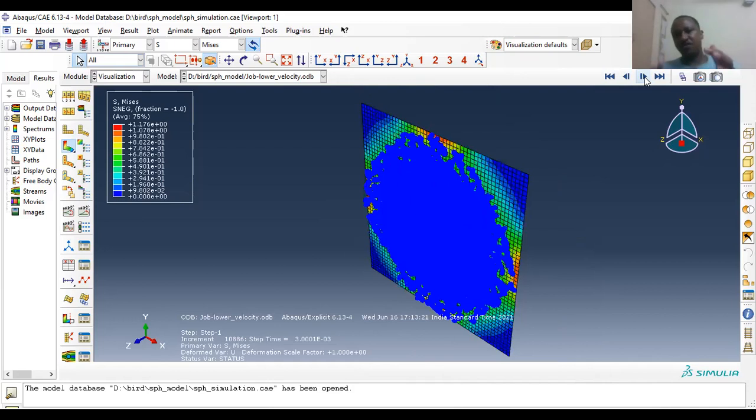You can see how the structure also responds. At the very beginning, the bird comes in full size, and after it hits the structure, immediately the bird splashes like water on the surface of the body.